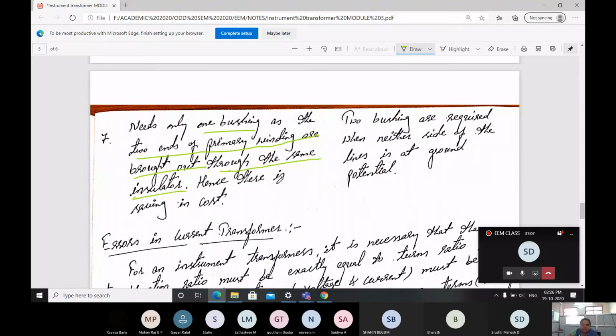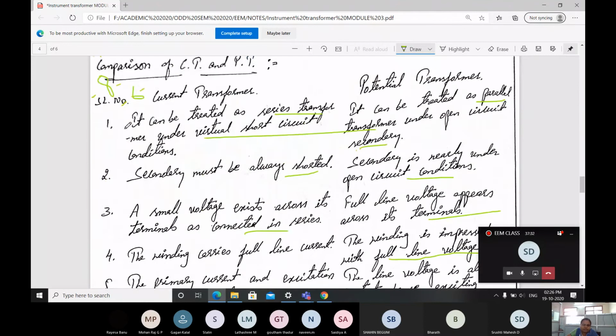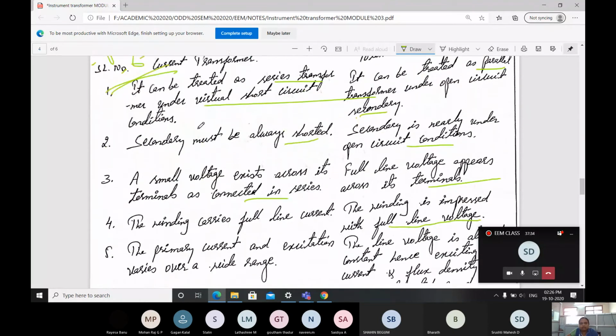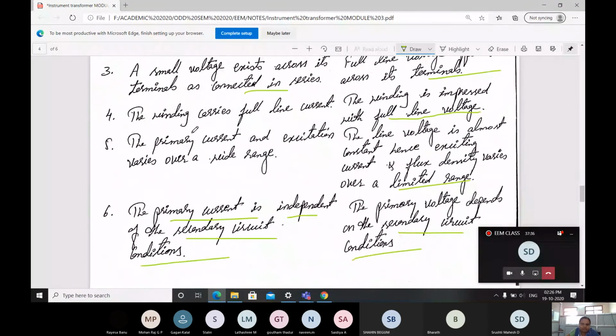Hence, there is saving in cost. Here only one bushing is enough. Okay. When you are going for a potential transformer, two bushings are required when neither side of the line is at ground potential. That's the difference between the current transformer and the potential transformer. And this is very important. This question is asked many times.